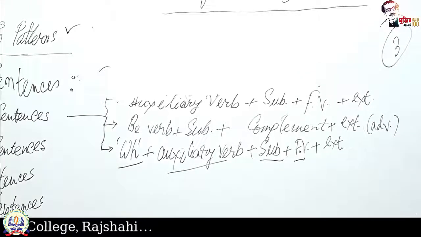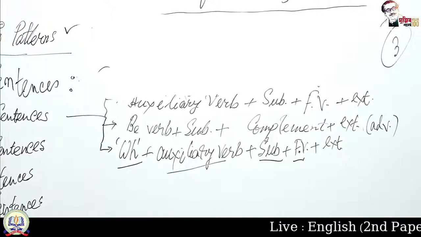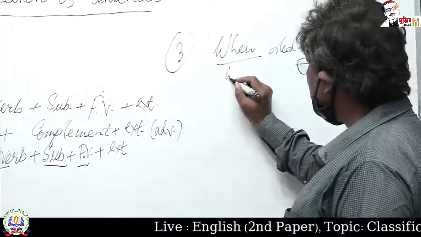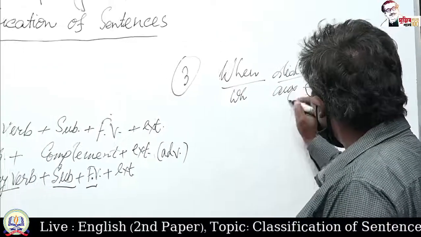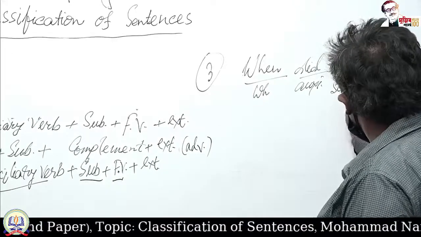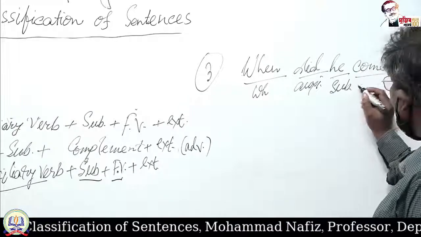For example, when did he come? When is the WH, did is the auxiliary, he is the subject, come is the finite verb.